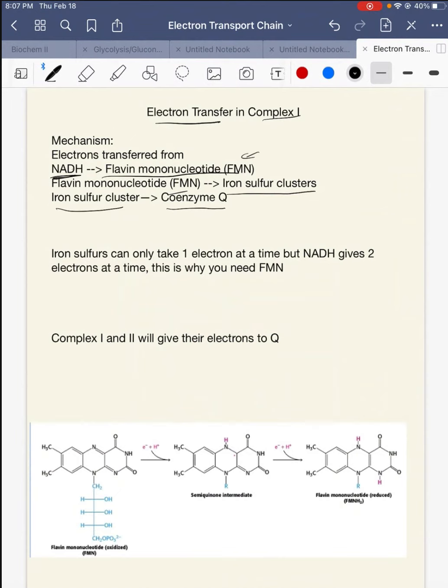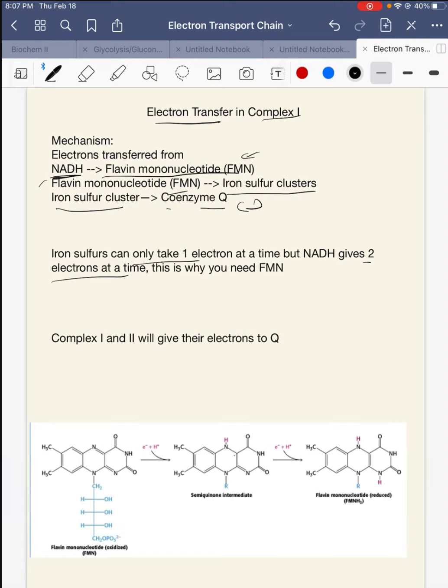So why can't we just give electrons from NADH directly to coenzyme Q? NADH has 2 electrons, and it can only give 2 electrons at a time. But the iron sulfurs, which come right before coenzyme Q, accept 1 electron at a time. So we can't just give the electrons to the iron sulfurs or coenzyme Q right away.